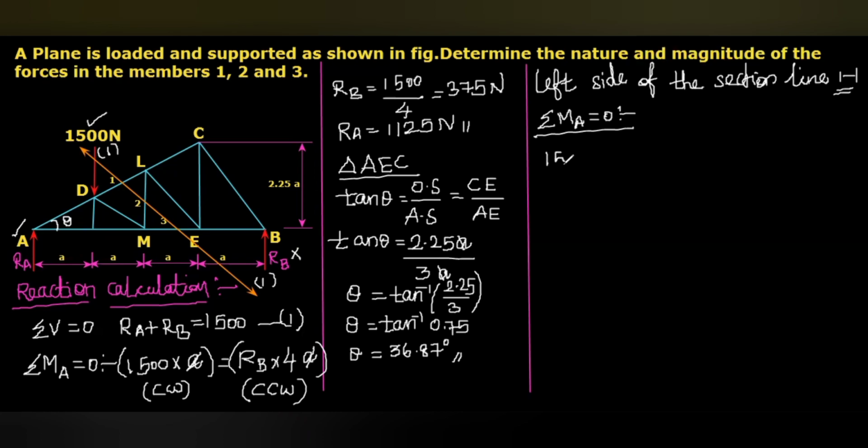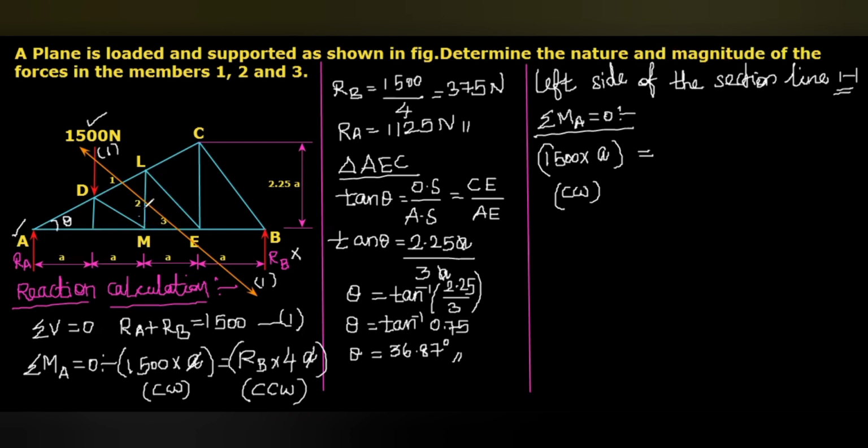Then that equals, among the 5 forces, RA is eliminated because it is exactly acting at point A. This F1, force in the member DL, that line passes through A, that also is eliminated. This ME, the force in the member ME, F3, also passes through the point A, that also is eliminated. So the remaining one is F2.